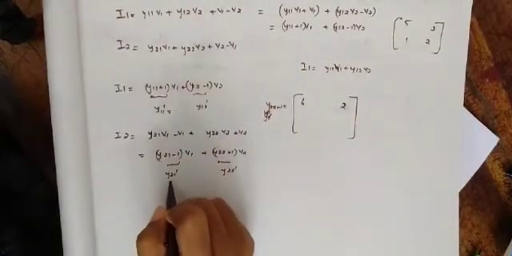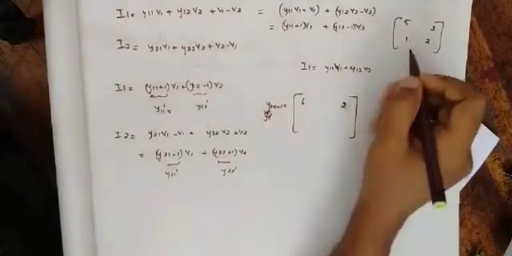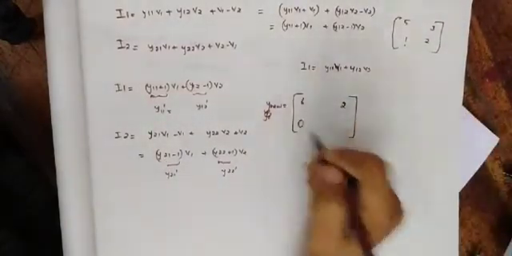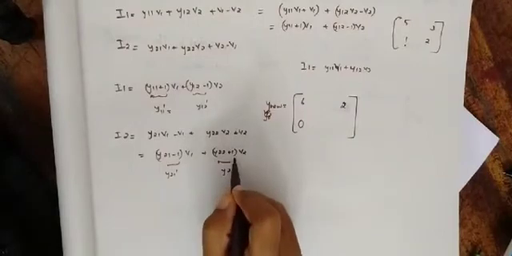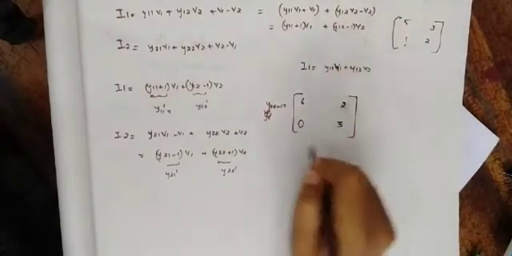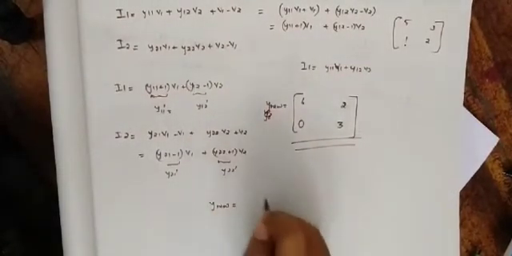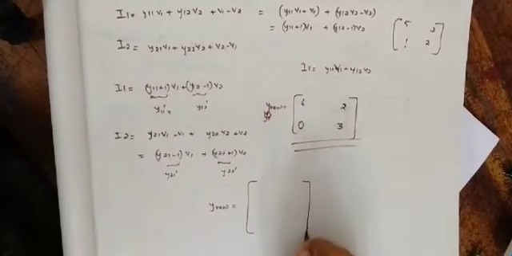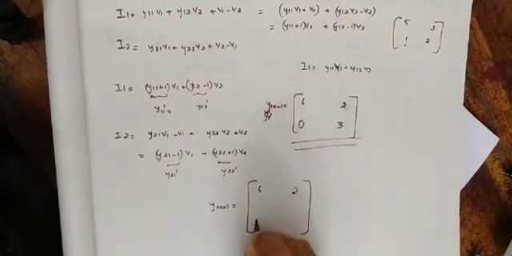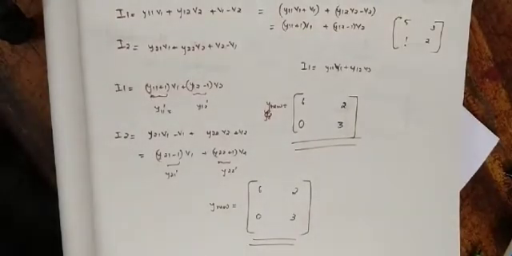And Y21 dash is Y21 minus 1, Y21 is 1, 1 minus 1 is 0. And Y22 dash is Y22 plus 1, that is 3. So this is our new Y parameter matrix after putting a 1 ohm across the two ports.